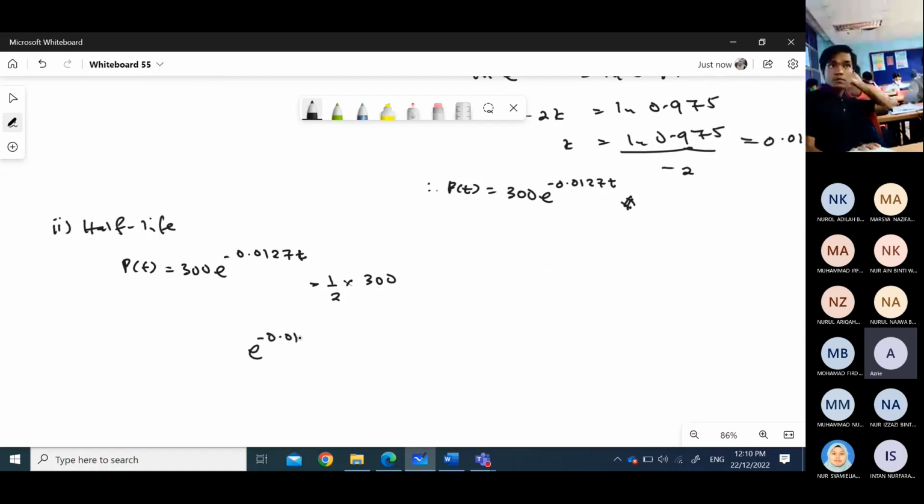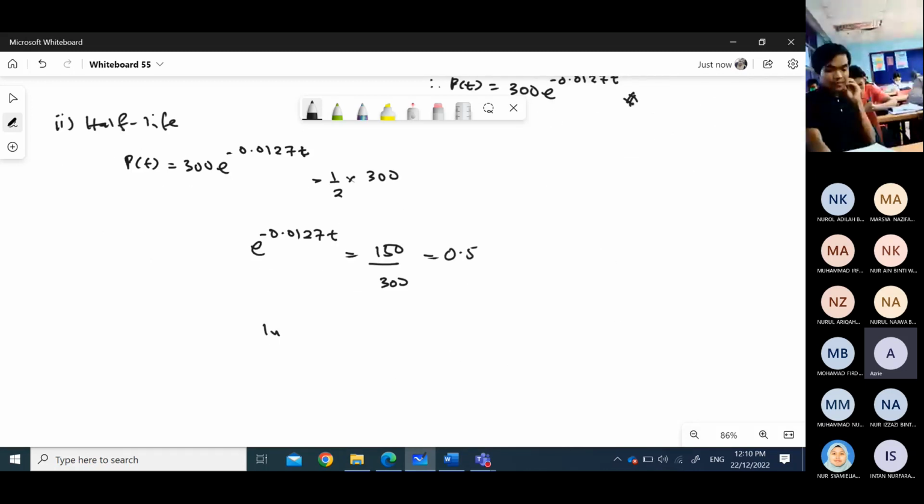Cari berapa? 150 divided by 300, 0.5. Tak payah darab pun tak apa kan? 0.5.